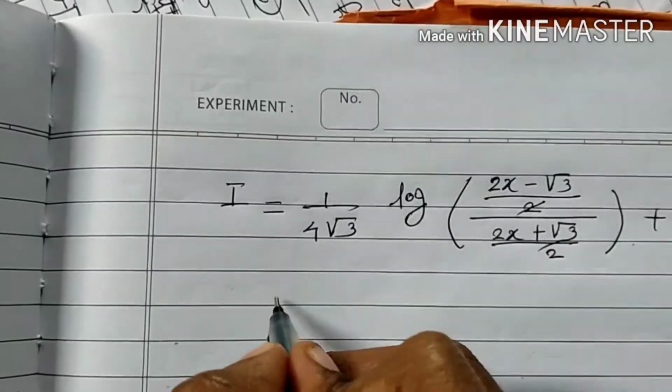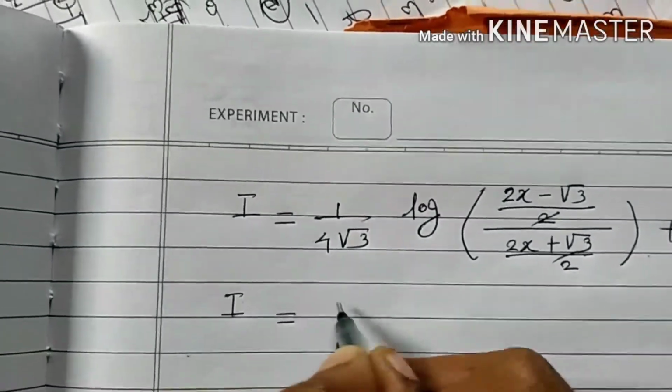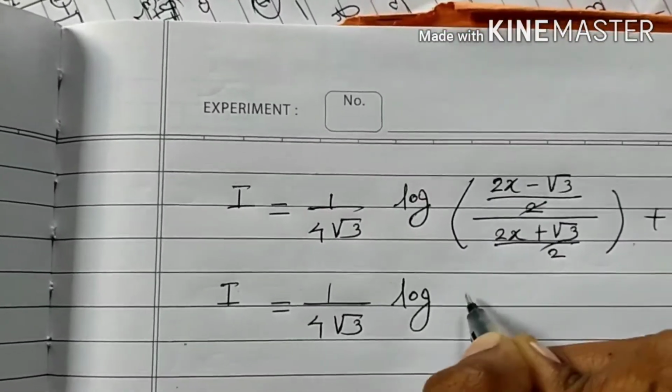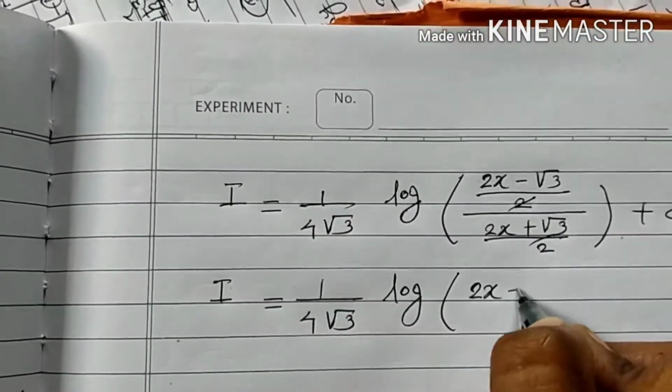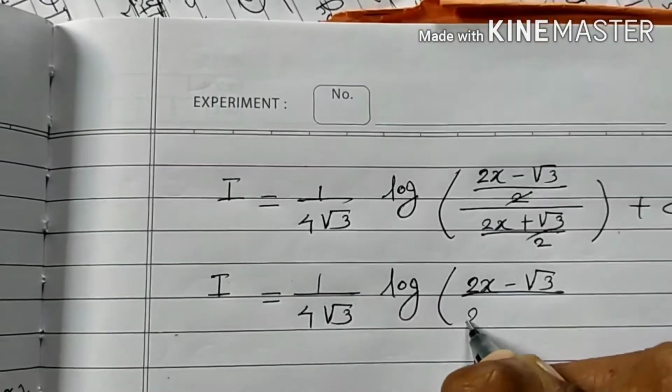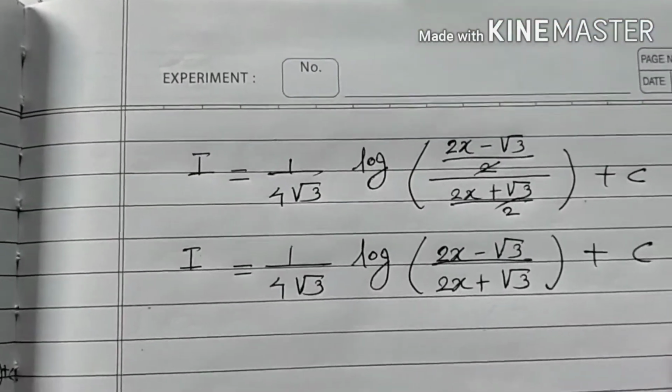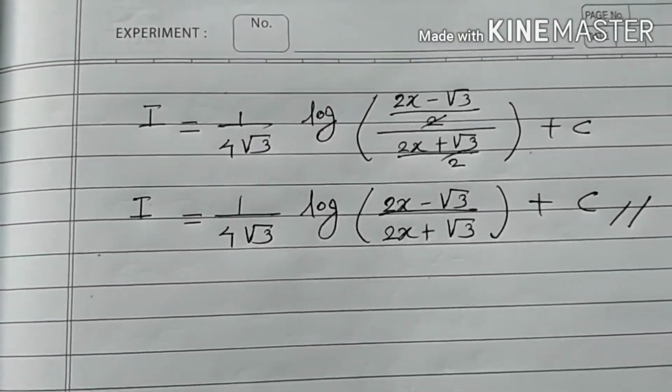Now 2 gets cancelled, so our answer is I is equal to 1 upon 4 root 3 log (2x minus root 3) upon (2x plus root 3) plus c. So this is our answer.